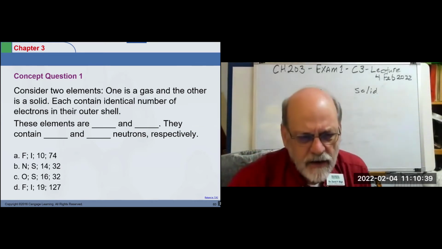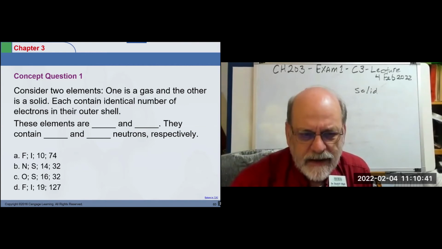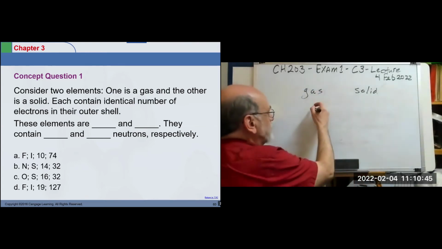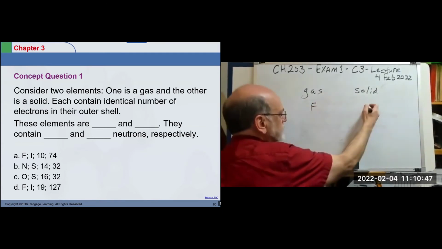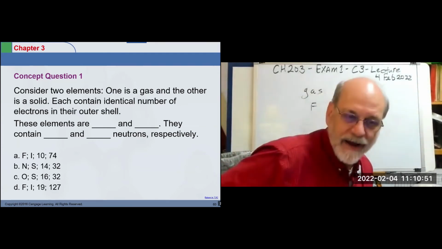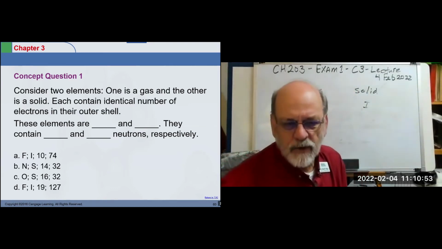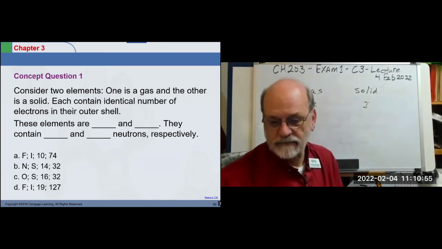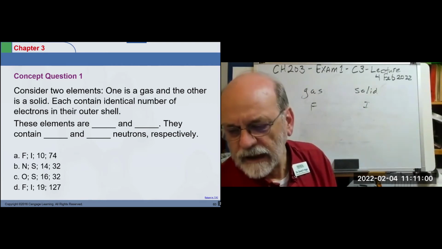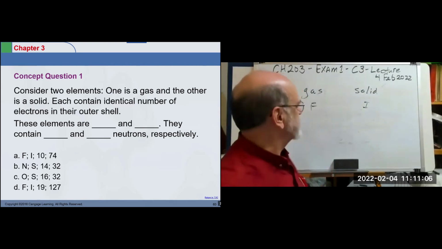The first one is fluorine and iodine. That's possible. Fluorine's a gas, iodine's a solid. How about the number of neutrons? Does that match? Fluorine is 9 and 19 are possible.